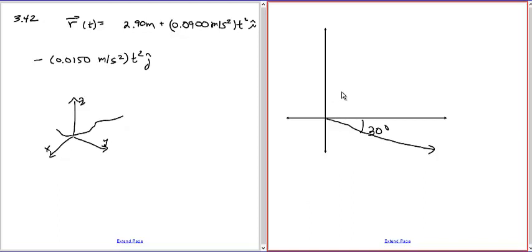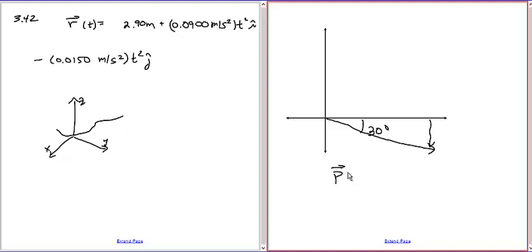And the velocity vector is going to be the derivative of the position vector. And what we need is for the velocity vector to be in the same direction as this vector here. So we need to come up with this vector, which we'll call the p vector.